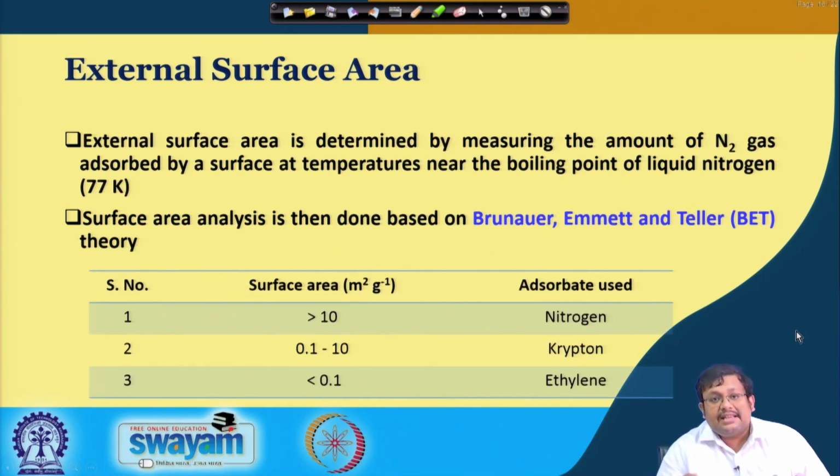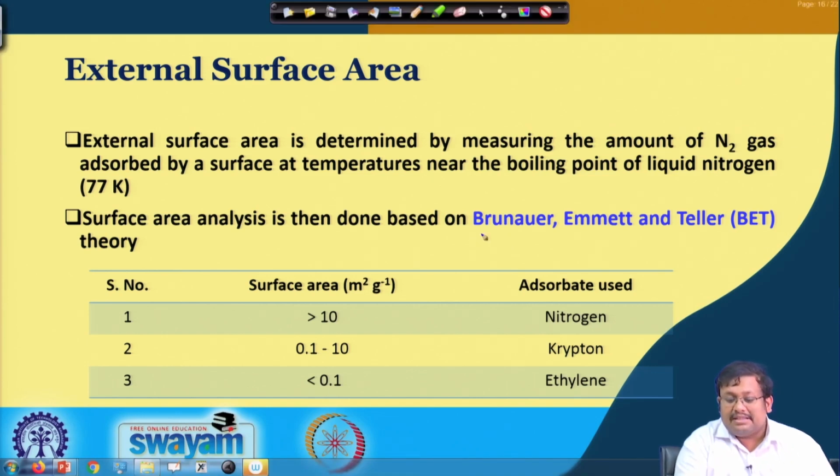The external surface area is determined by measuring the amount of nitrogen gas adsorbed by a surface at a temperature near the boiling point of liquid nitrogen, which is 77 Kelvin. Surface area analysis is done based on the BET equation, named after these three scientists, Brunauer, Emmett and Teller.